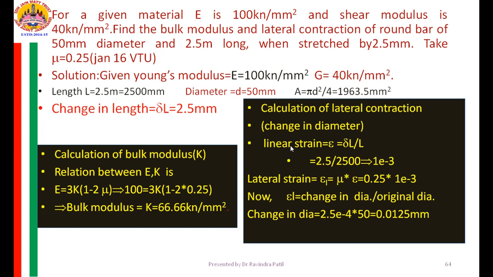Rearrange the terms, you will get the change in diameter is equal to epsilon L into original diameter. Epsilon L is known to you and original diameter is known to you. Hence, you can get the change in diameter. Therefore, the contraction in the diameter is equal to 0.0125 mm.